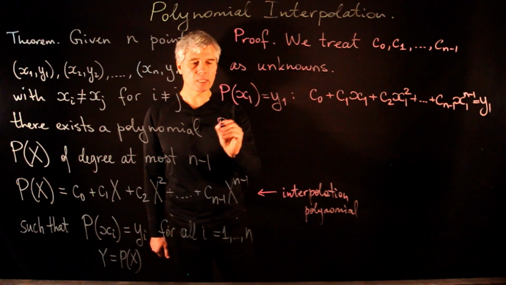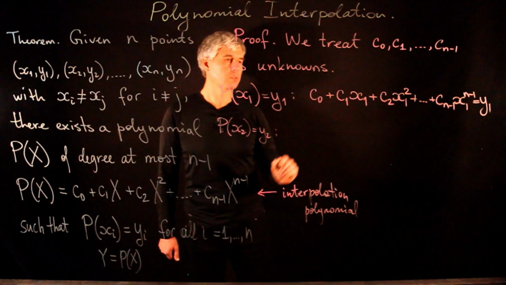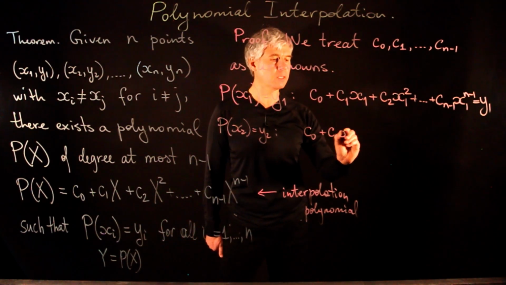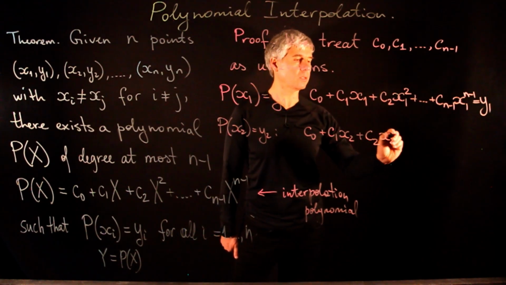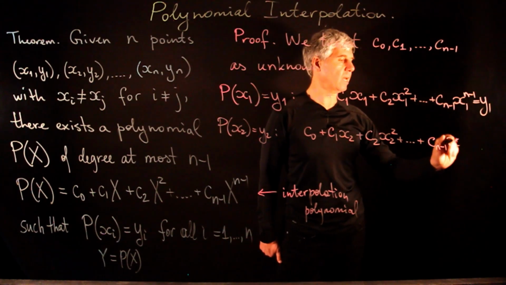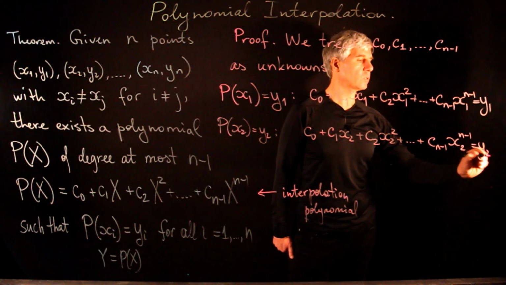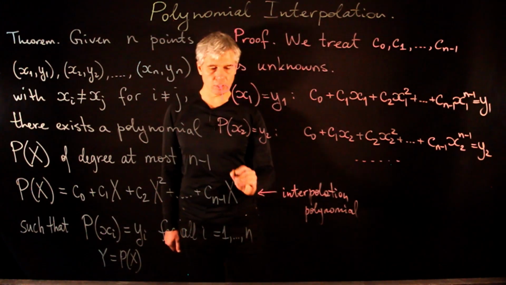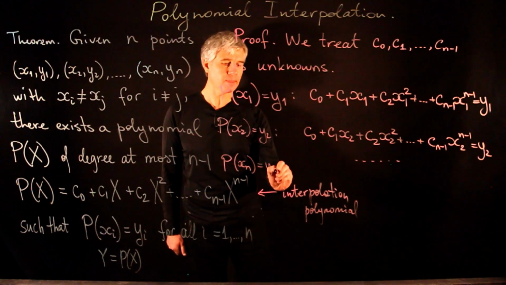Then the next condition is that p of x2 must be equal to y2. So this gives us that c0 plus c1 x2 plus c2 x2 squared plus ... plus c(n minus 1) x2 to the n minus 1 is equal to y2. And so on. So the last condition will be that p of xn is equal to yn.